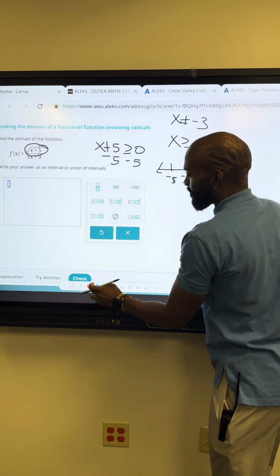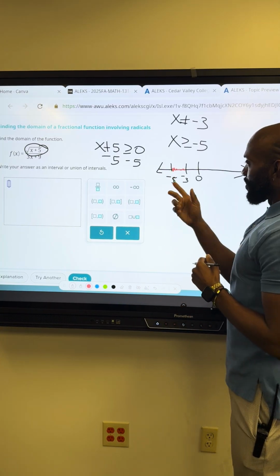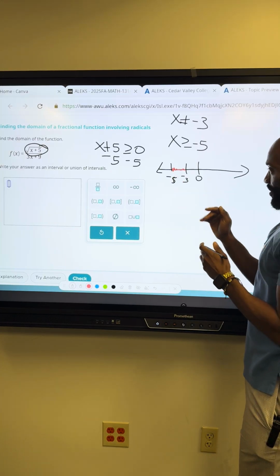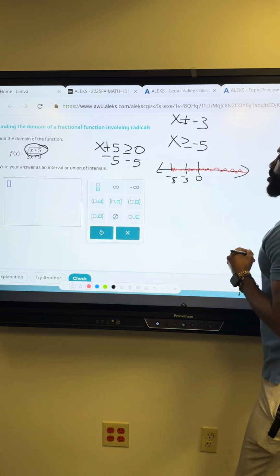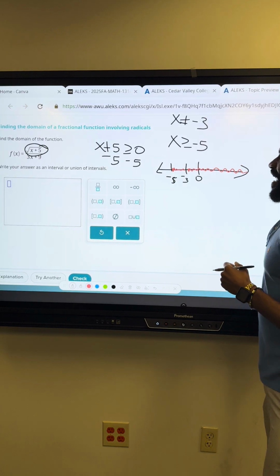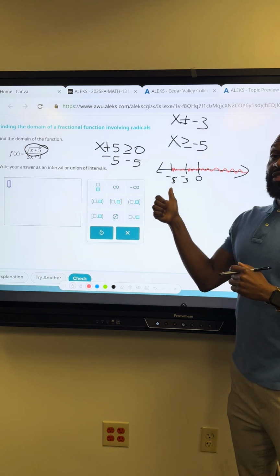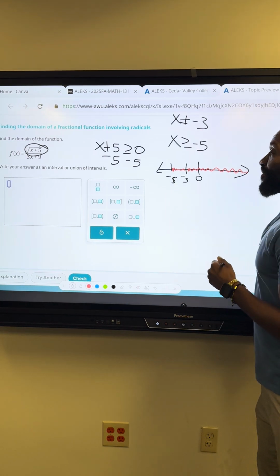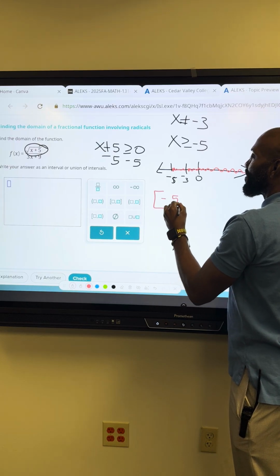So all of these numbers are going to be okay, but I can't include negative 3, so I have to skip over negative 3. Then all of these numbers are going to be okay. Now, this says greater than or equal to negative 5, so negative 5 is included, and I need a bracket for negative 5.